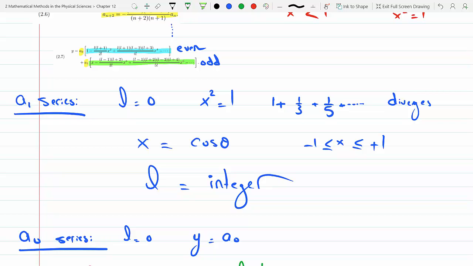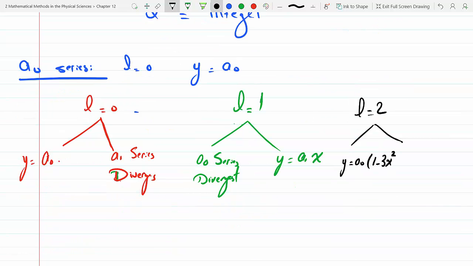All the rest will cancel out. So this was the a0 series, and the a1 series will diverge.